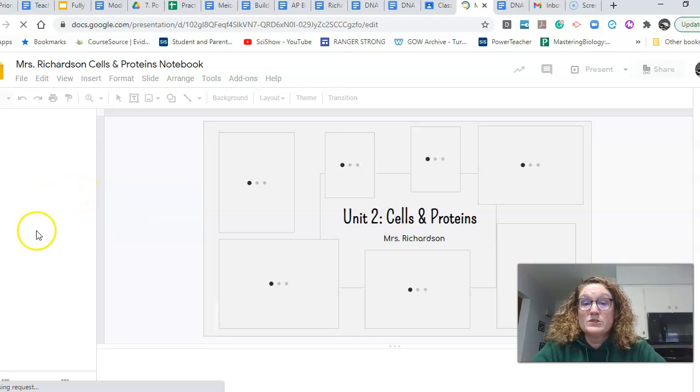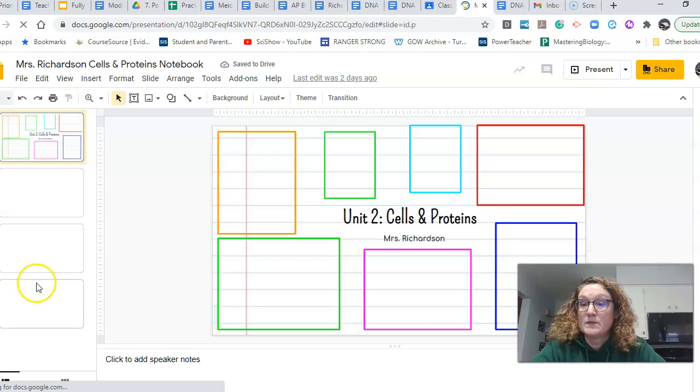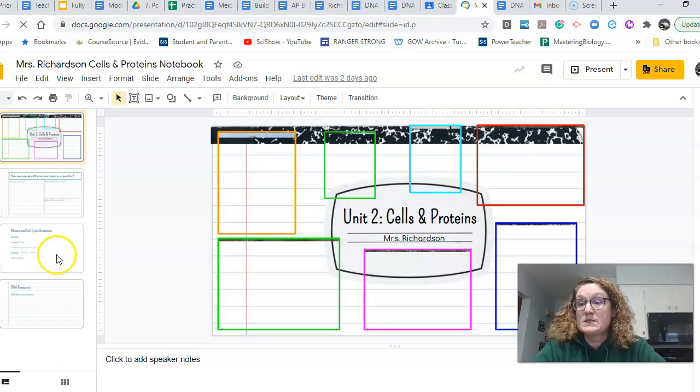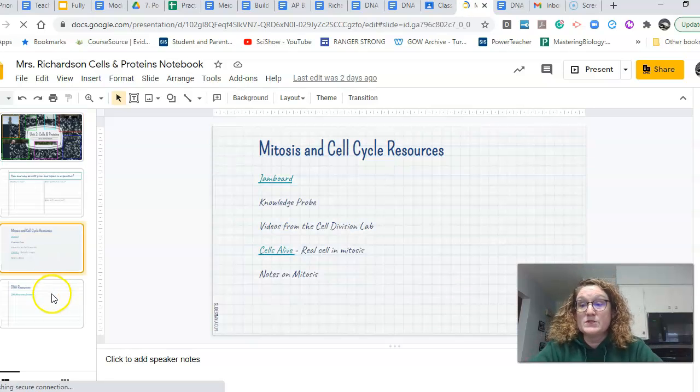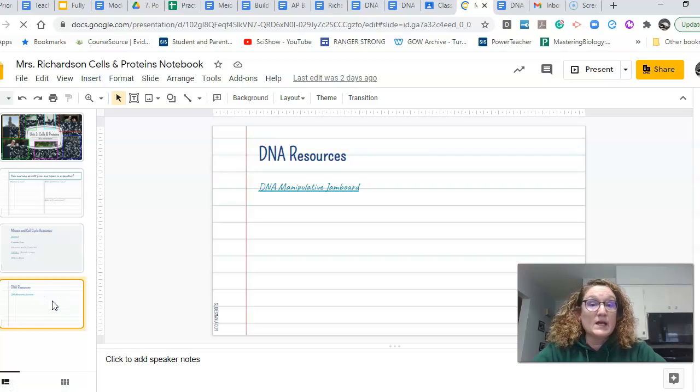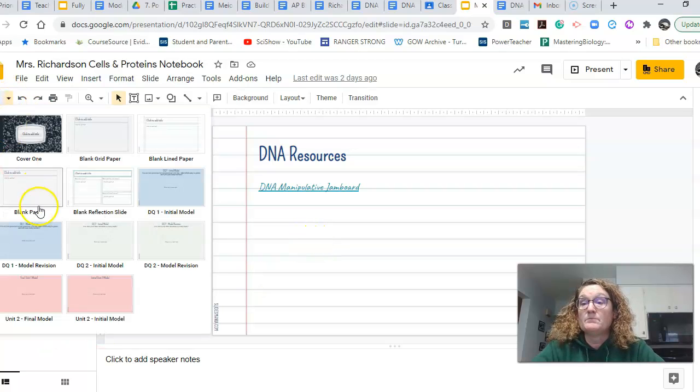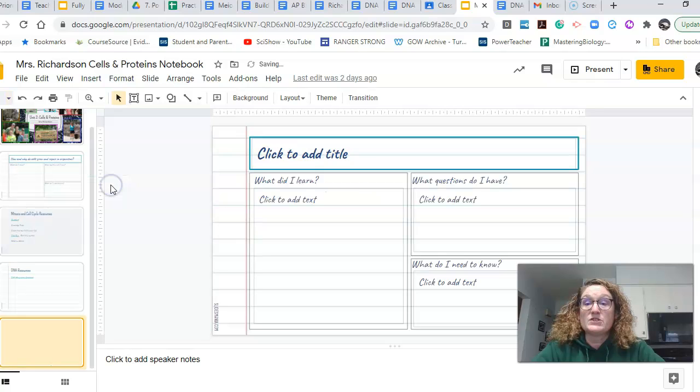But what you're going to do is at this time, you've got your mitosis cell cycle resources. You may have started to add DNA resources because then you could have added the manipulation Jamboard. But I want you to add a reflection slide. So you're going to click the down arrow, click on the blank reflection slide.